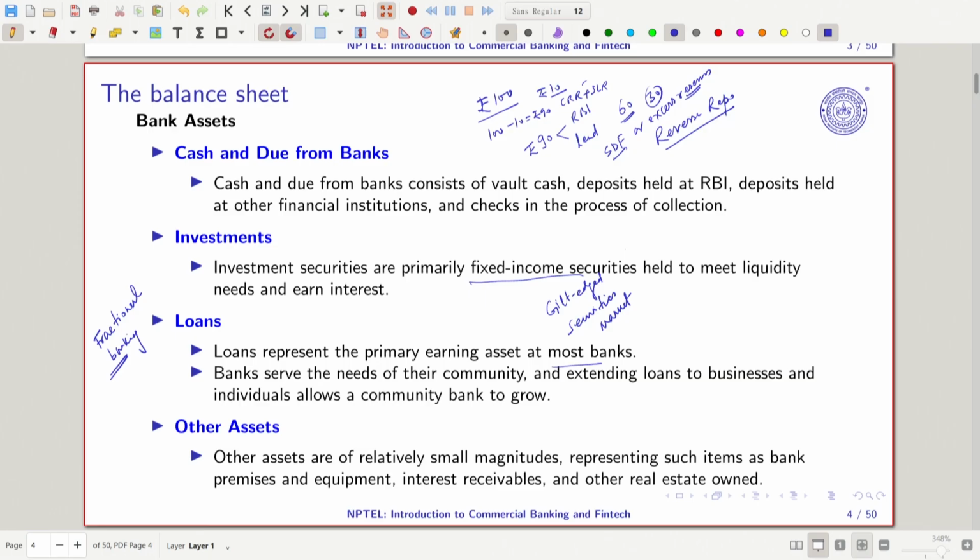They can also go through the reverse repo kind of situation, but this requires collateral of government bonds. The SDF does not require collateral. And other assets could be, if the banks are owning fixed assets like real estate, rentals, or some instruments which are not part of the government's, but they are allowed to buy or sell.